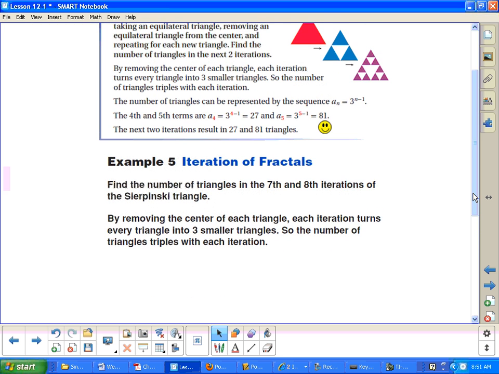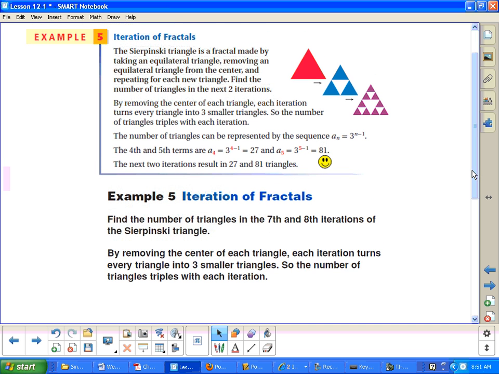So in this example, they want us to find the number of triangles in the 7th and 8th iteration of the Sierpinski triangle. So the 4th and 5th are there, 27 and 81. So to get to the 7th and 8th, all I have to do is what?